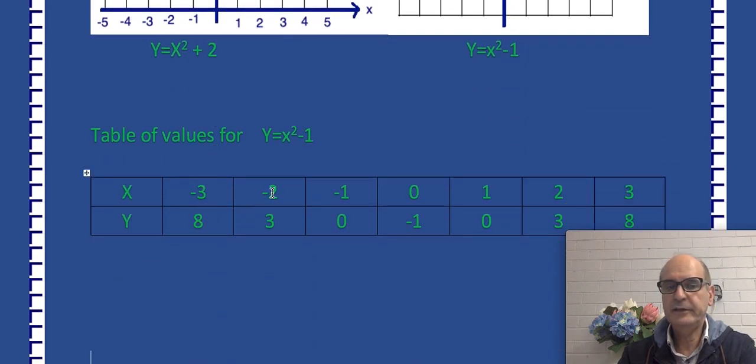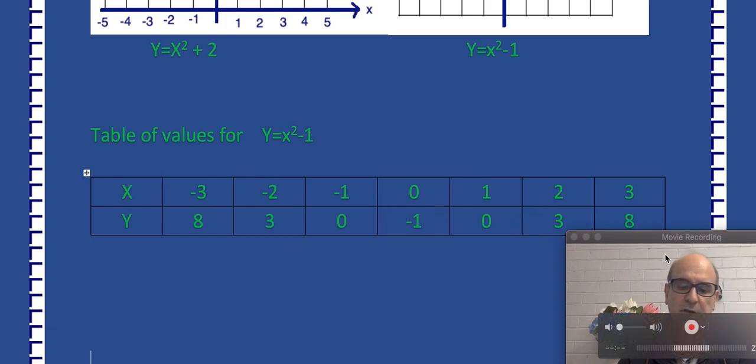Minus 3, 8, minus 2, 3, minus 1, 0, and so on. Because if you put minus 3, you get minus 3 squared, which is 9, minus 1, 8. If you put minus 2, it becomes minus 2 squared minus 1. Minus 2 squared is 4, minus 1 is 3. If you put minus 1 for x, minus 1 squared is 1. Take away 1 is 0. If you put 0 for x, 0 squared minus 1 is minus 1.